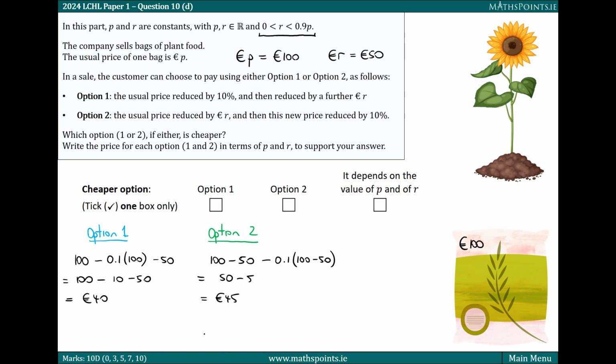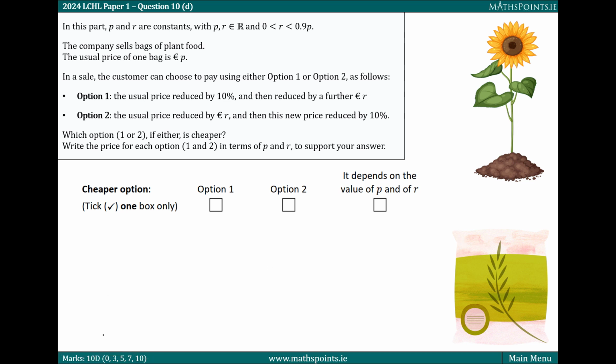So we can clearly see in our example here that option 1 is cheaper. If you first take off the 10% and then reduce it by the amount R, that seems to be cheaper than subtracting the amount R first and then reducing that new figure by 10%. Now, to do it with P's and R's, which is what the question actually wants us to do, and we'll try and get an understanding of what it means.